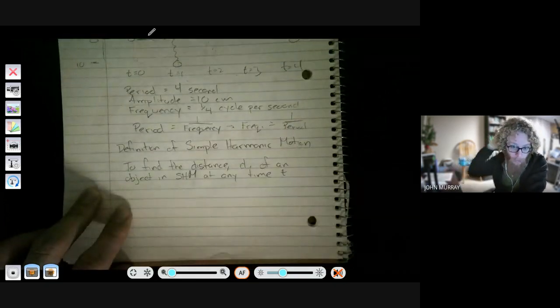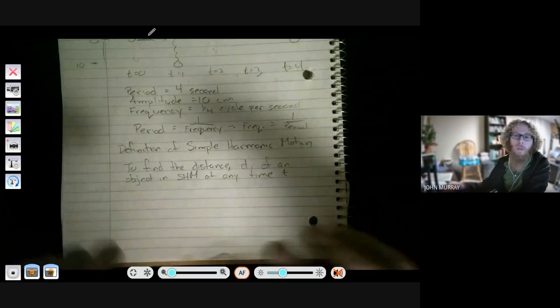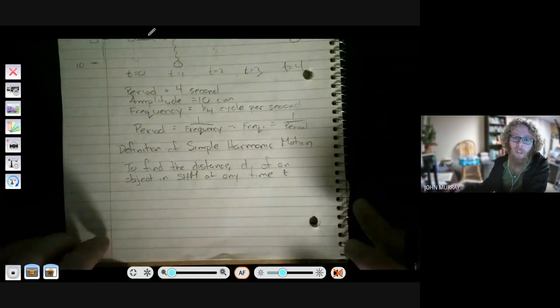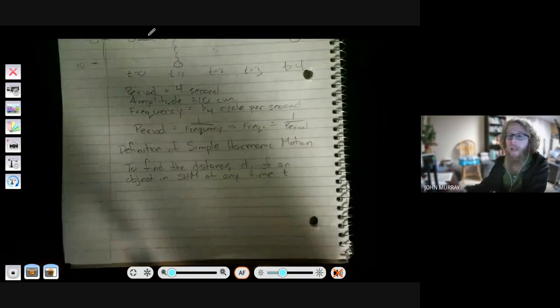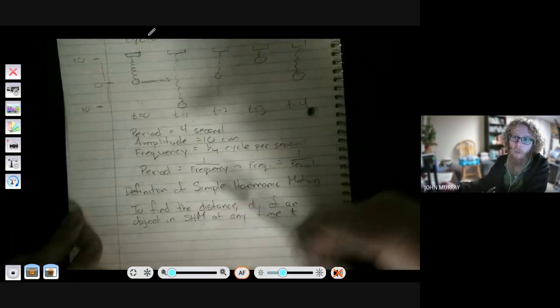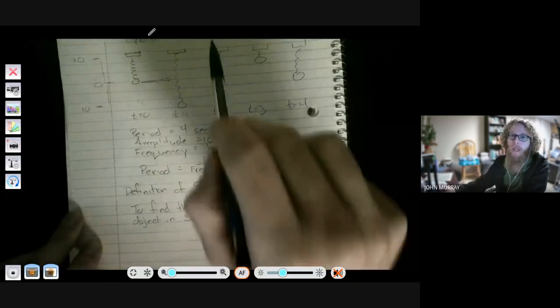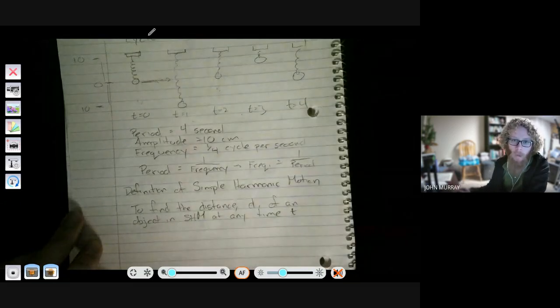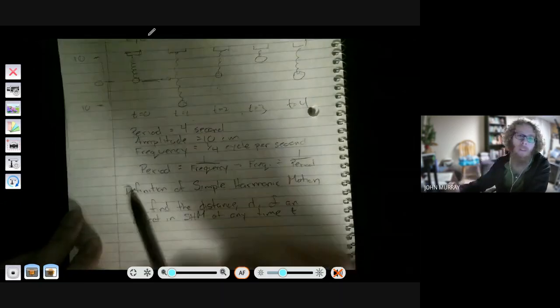The problem that we would look at is we want to find the distance or the position of the object in simple harmonic motion at any time. So if I want to find, at t equals 10.5, where will my weight be? Where will that displacement be?